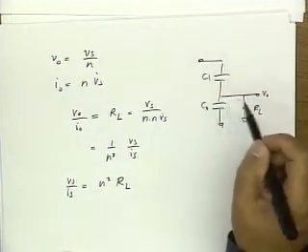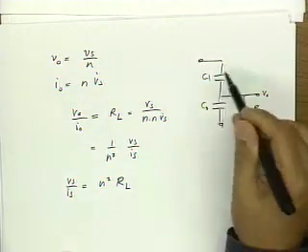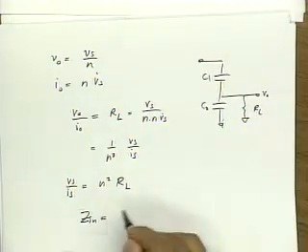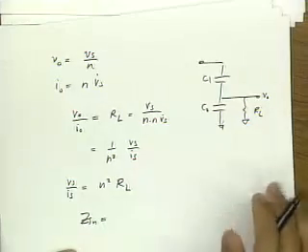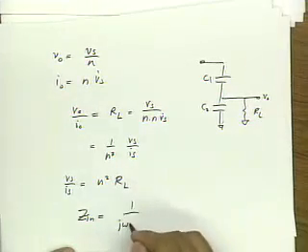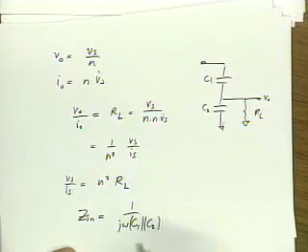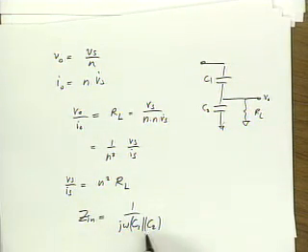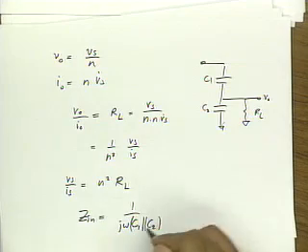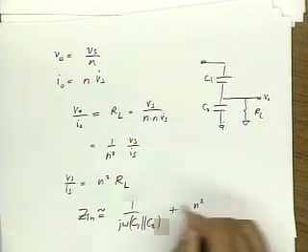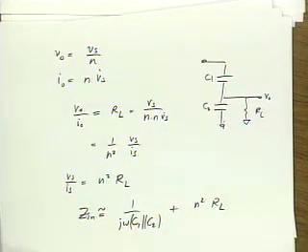Now remember, we started out by saying the capacitance part actually dominates. So really, Zin looks like the series capacitors, so it's 1 over j omega C1 C2 series combination. This is the operator, not necessarily 2 caps in parallel, plus N squared times RL.